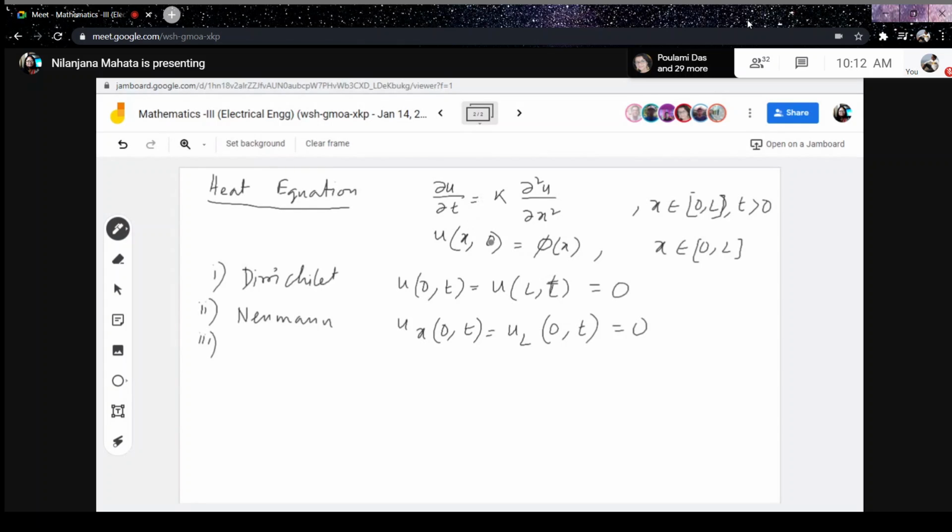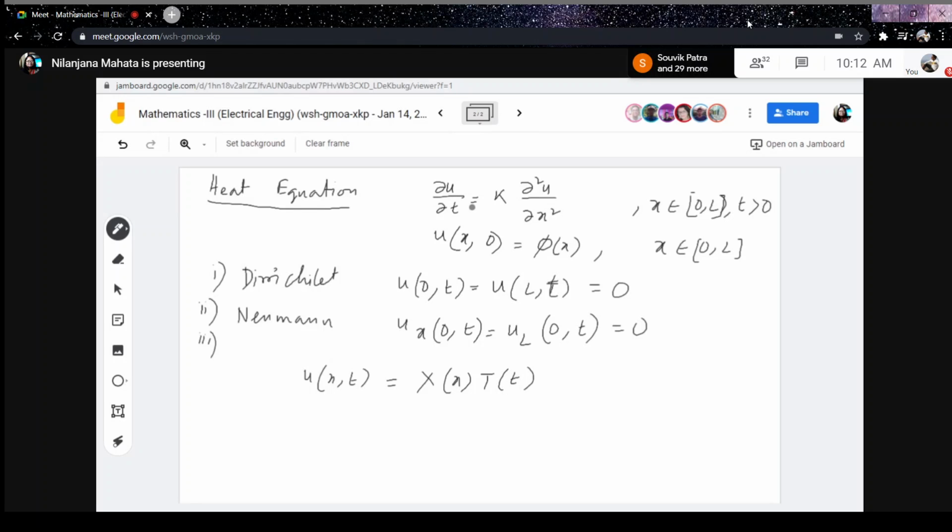Our solution we will take in this form, U equal to X(x) T(t), where this is only a function of x and this is only a function of t.